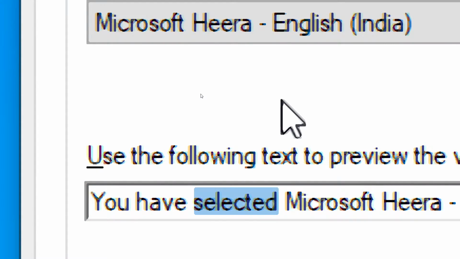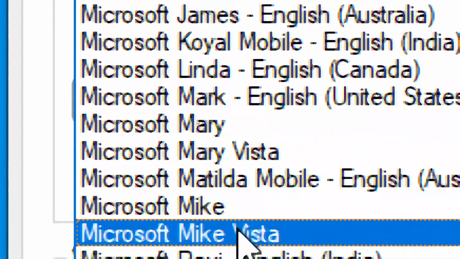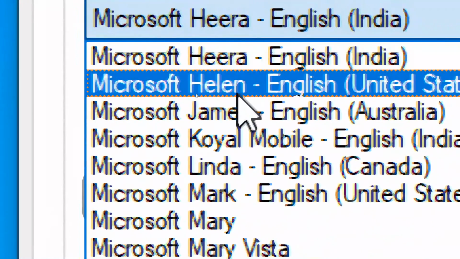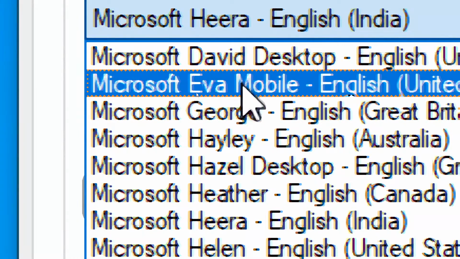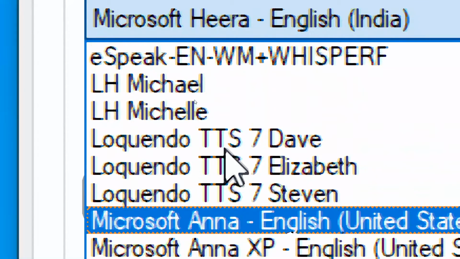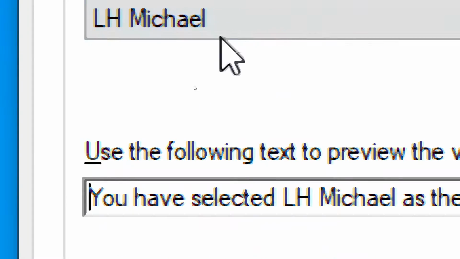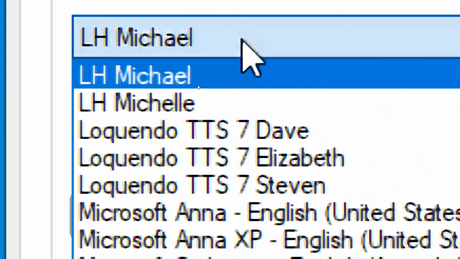You have selected Microsoft Hira, English, India, as the computer's default voice. You have selected Lernout and Hauspie Michael as the computer's default voice.